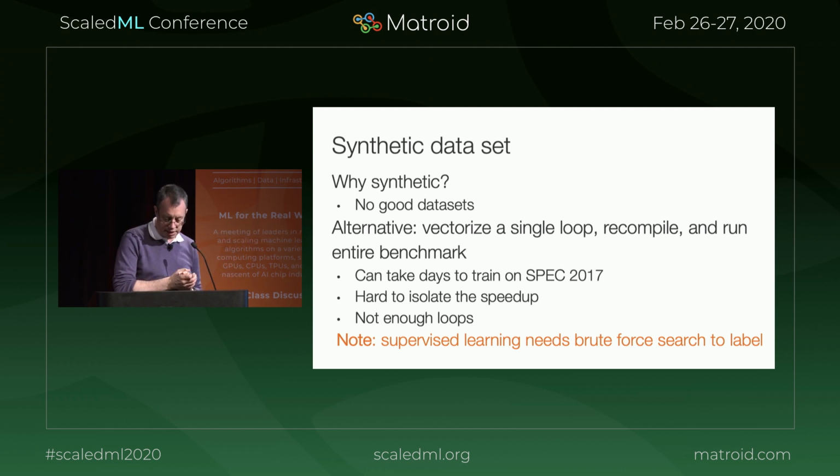One question is whether you can also use supervised learning. You look at the state, the number of loops, and you say these are the parameters. However, with supervised learning you need the labels, so you need to run almost brute force to get them.